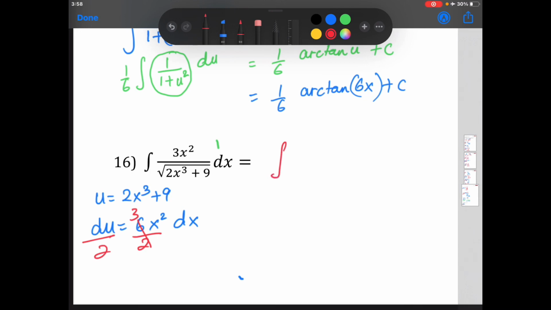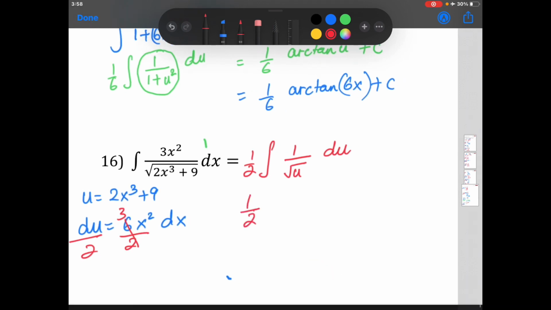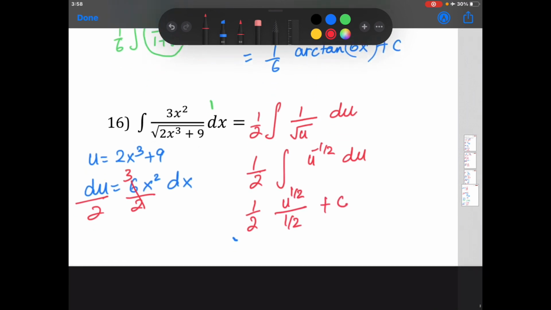So let's set up the integral. It's an indefinite integral, so I don't have any bounds. So this is going to be 1 over square root of u, and I'm going to pull out the 1/2 du. Now I'm going to rewrite it as u to the negative 1/2 du, and the integral of u to the negative 1/2 is u to the 1/2 over 1/2 plus c.